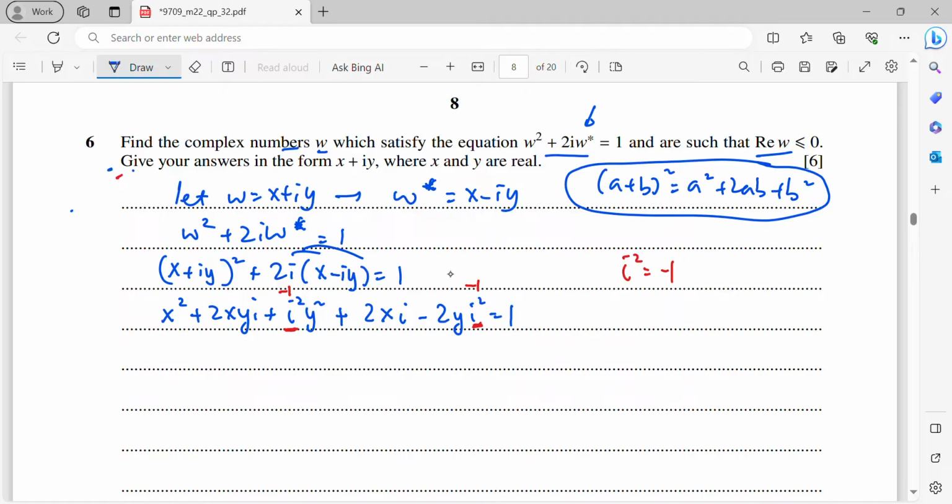So I will write x squared plus 2xyi minus y squared plus 2xi, minus and minus becomes plus 2y equals to 1. The 1 you can either move to the left side or just leave on the right side, up to you. So now I will group the real and imaginary parts. So the real parts will be x squared minus y squared plus 2y.